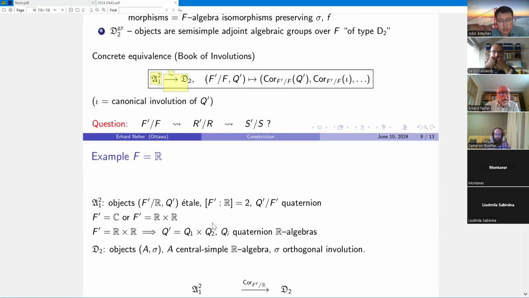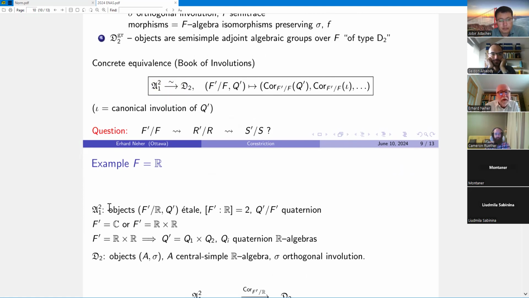So if I take as a base field F the real numbers, A1 upper 2 has objects F prime over R and Q prime. F prime over R is étale. Oh, I forgot to write it down. F prime over R has degree 2.